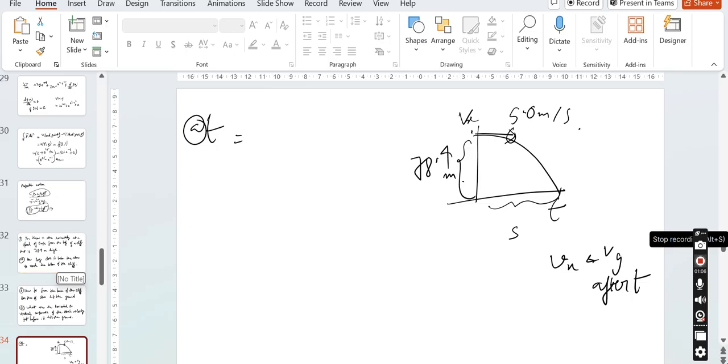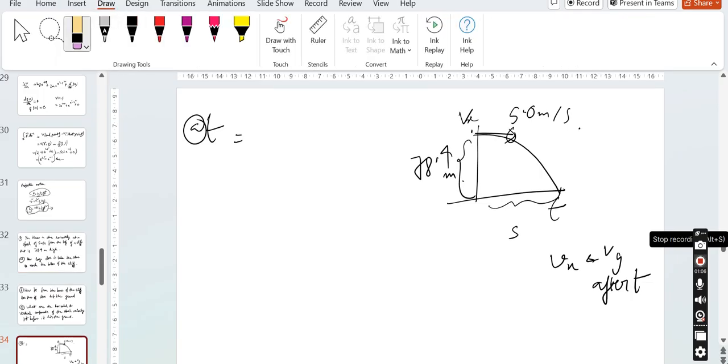Okay, the velocity of x is given. There is no mention of velocity of y. At that moment call it vx dash, vy dash. So vy is 0.